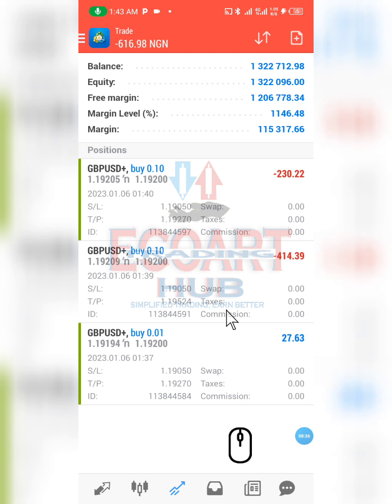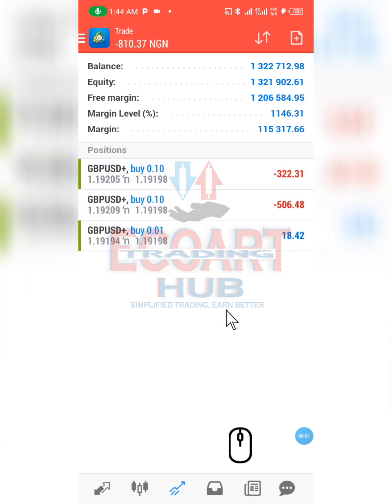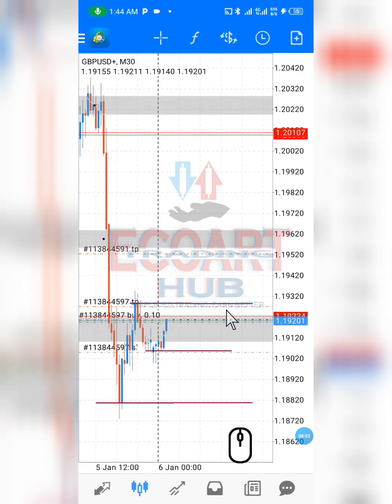Our stop loss of 13 pips, minus 13 pips, and take profit one of 10 pips or thereabout. Then the take profit two is 30 pips. So this is what we have at the moment, and this is our chart.